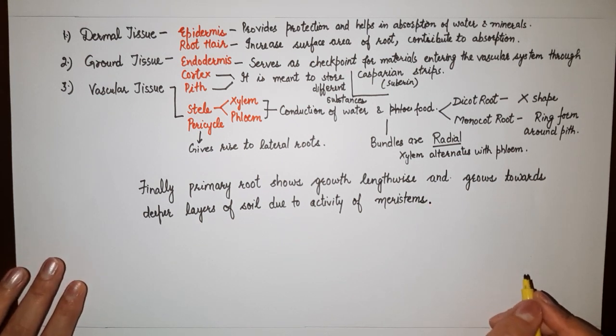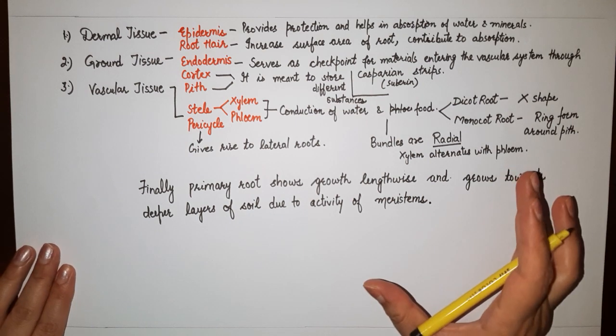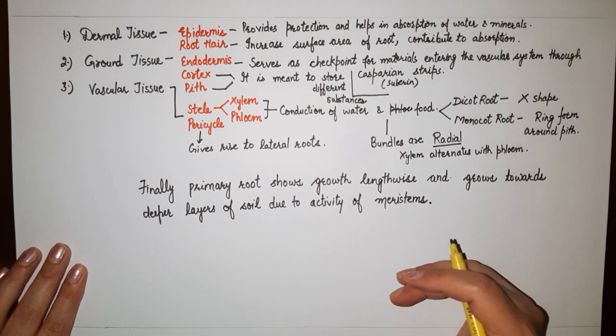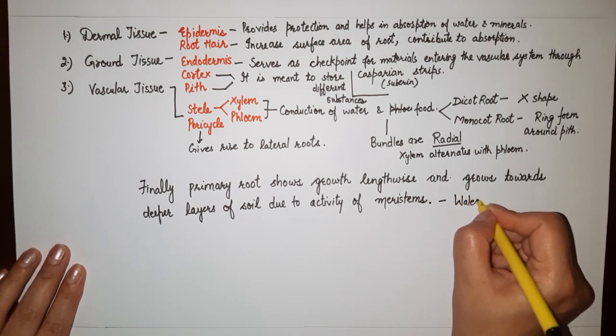Okay. So, that is the main purpose of primary growth, that the length of root increases so that it can enter the deeper layers of soil in order to absorb water. So, the main function is water absorption.